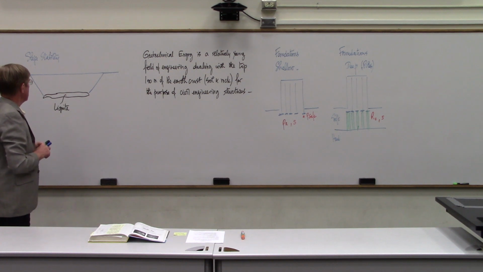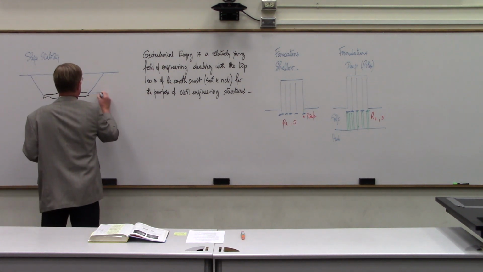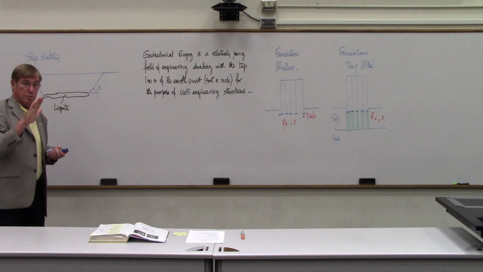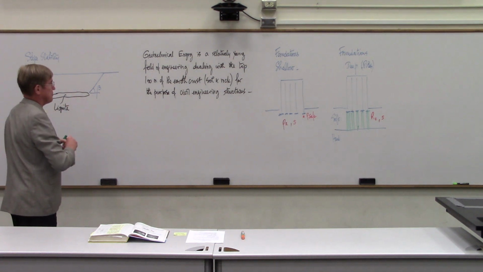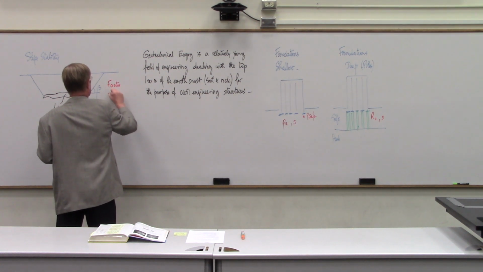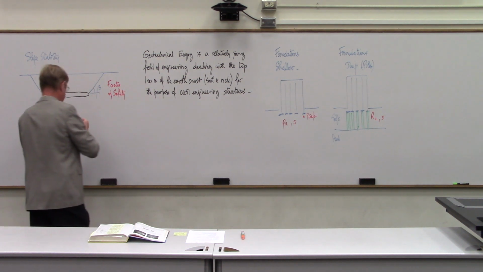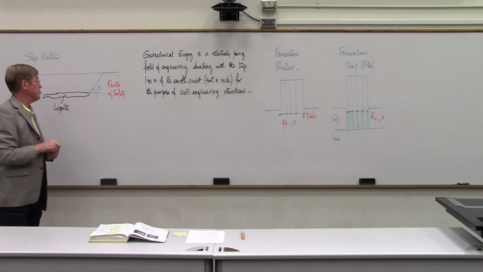And so the question here is, what is the angle beta of that slope such that this angle beta satisfies a certain factor of safety? And that's what a geotechnical engineer would do.